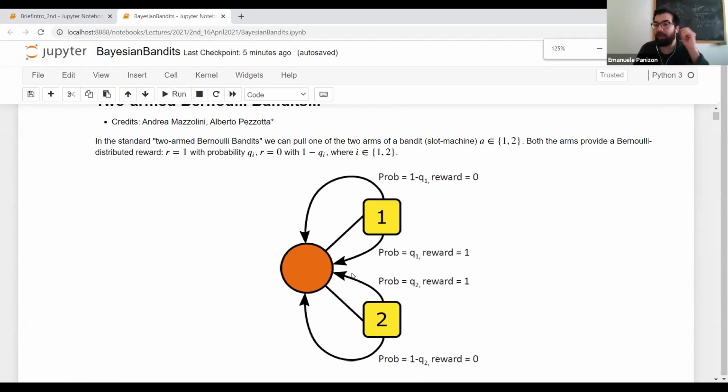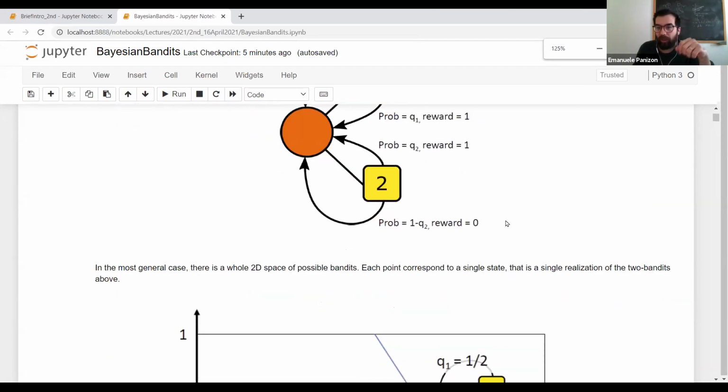We are dealt two coins, and one coin, which is called action 1, has probability Q1 to give me a success with a reward of 1, and probability 1 minus Q1 to give a reward of 0. The second coin has a different probability, but it's the same. Both coins are Bernoulli, so 0 or 1 with some probability. And of course, my aim in life is to maximize the reward in the long term.